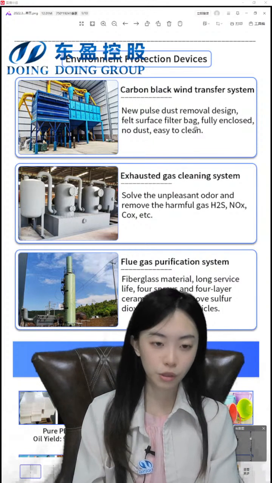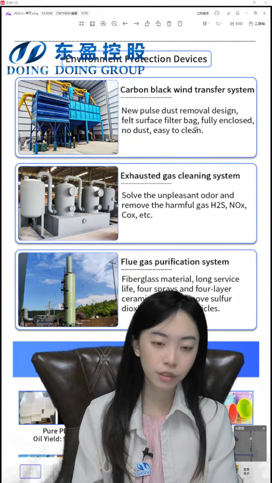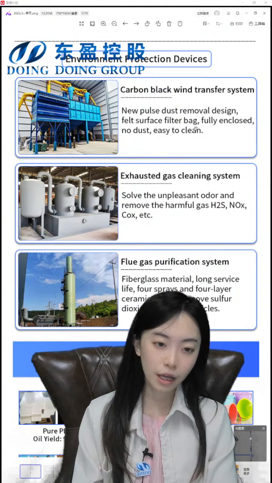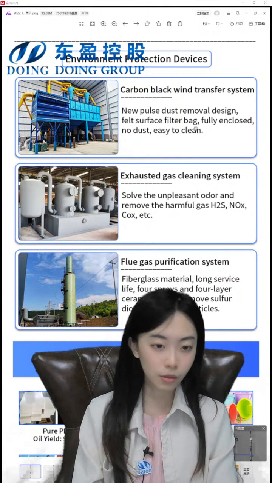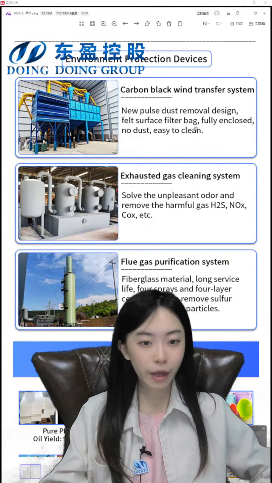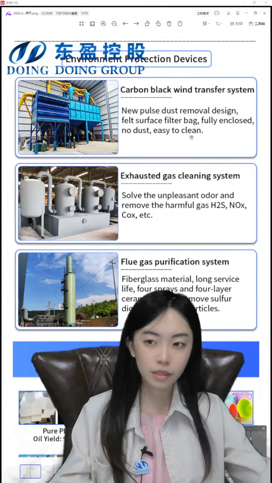We can also choose the side slag or the front slag to solve the dust pollution, because the front slag and the side slag are sealed designs, with an underground storage tank, or they use the slagging winch to slag the carbon black. So there is no dust.